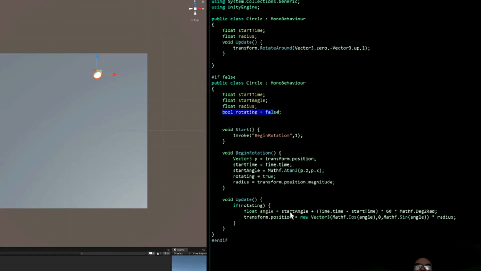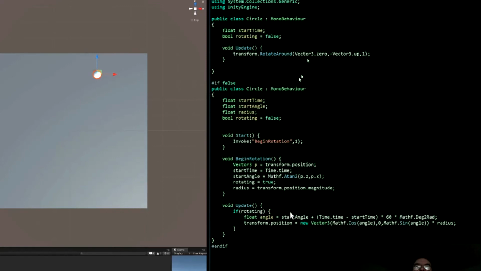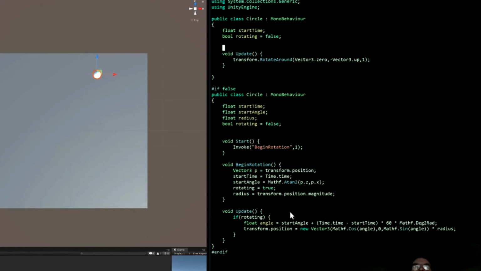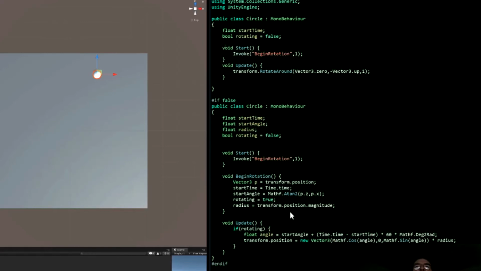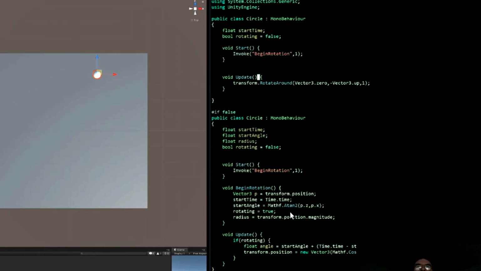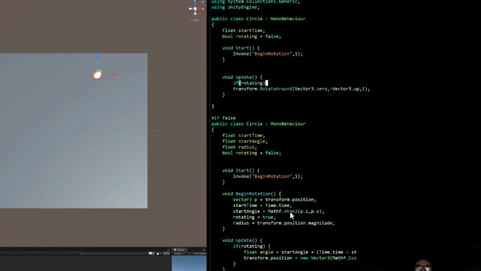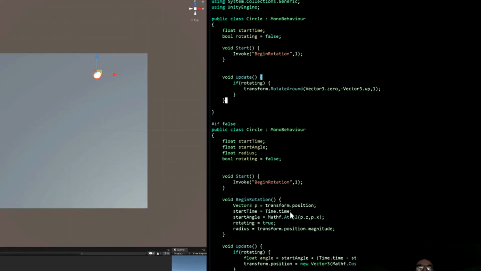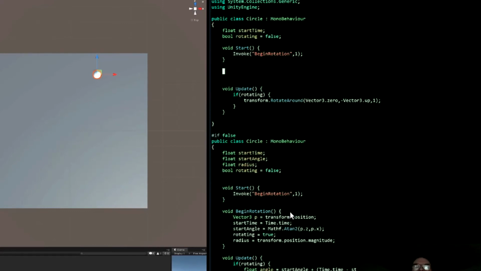And to get around the problem of the stall, I want to perhaps put the rotating in, so I'm going to do the same thing here. Void invoke begin rotation. The update is going to say if rotating.